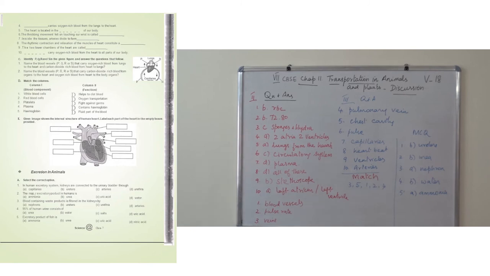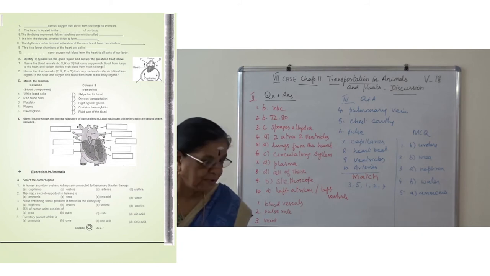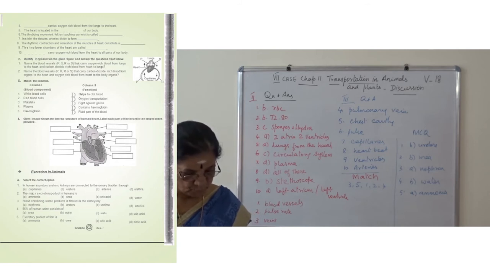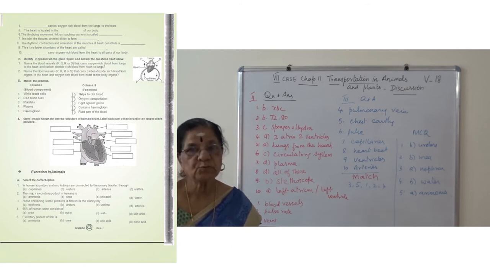Are you clear? Then fourth one, 95% of human urine consists of water.